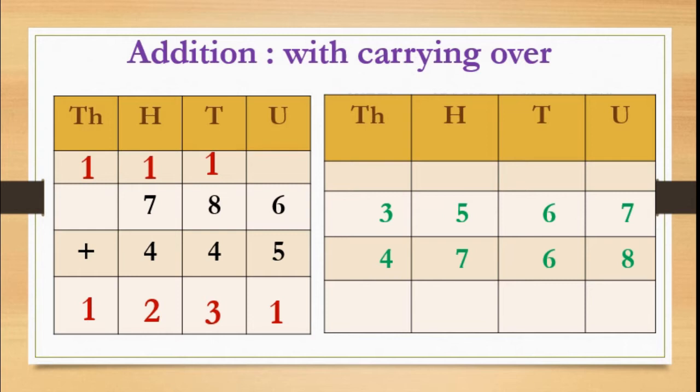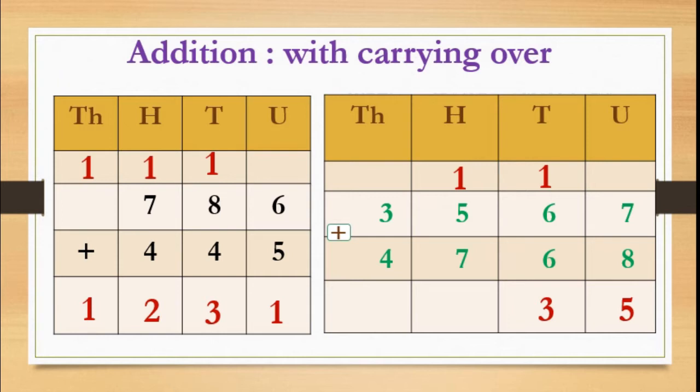Again we will move to the units place. 7 plus 8 is 15. Correct. 5 we will write here. 1 is carried over to the tens place. Now 1 plus 6 plus 6, that is 12 plus 1, that is 13. 3 we will write down and 1 is carried over to the hundreds place.